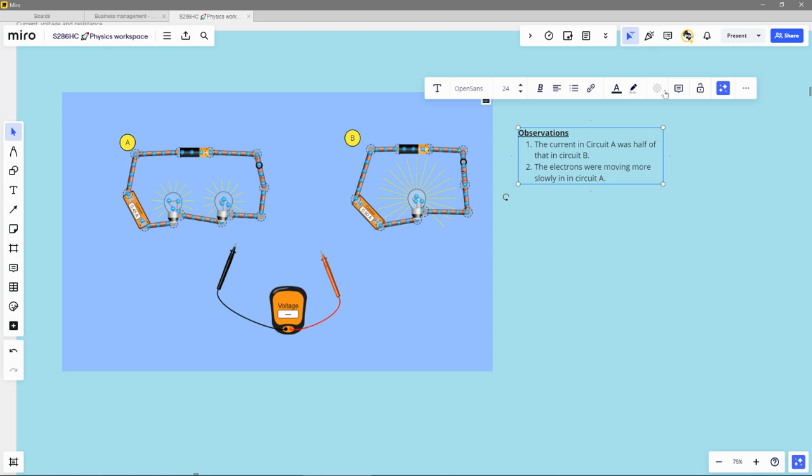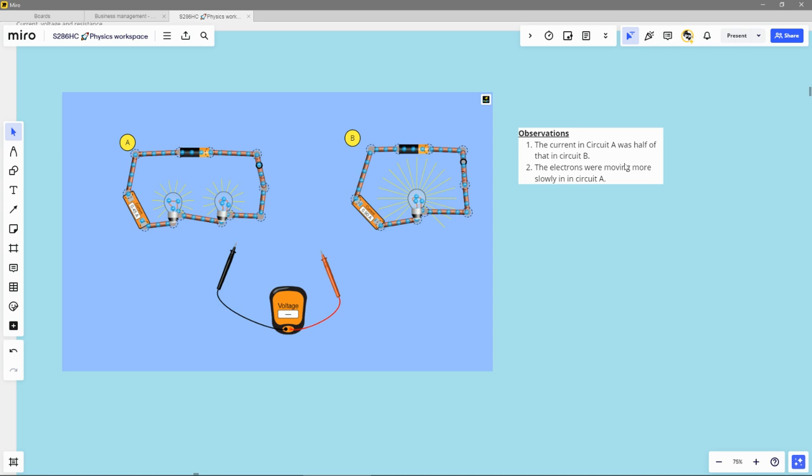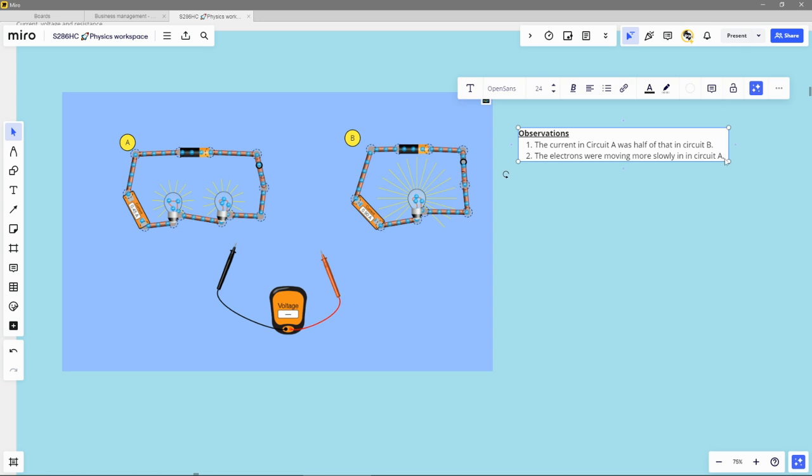We'd probably find out, if we were able to measure it accurately, they were moving half as fast, but we didn't measure that. But we could see by eye that they were moving certainly slower. We also saw both circuits had the same voltage battery.